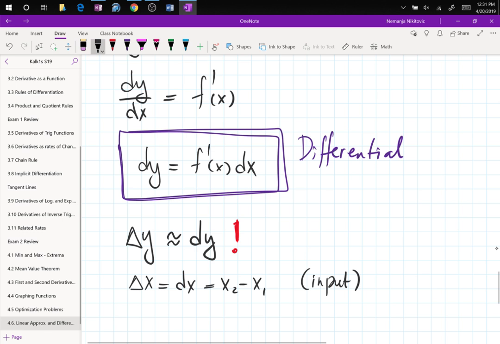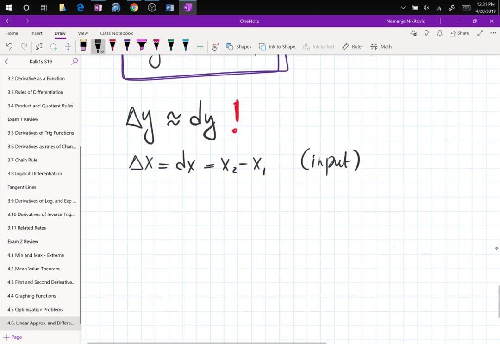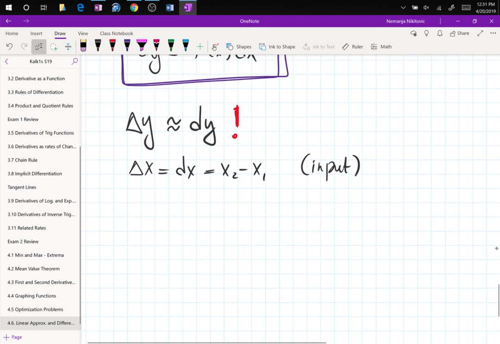So now I can create the final version of the formula, if you want to say so, where it says that the change in y is approximated by dy, and dy is equal to f prime of x delta x.